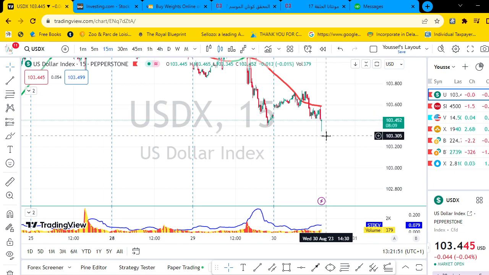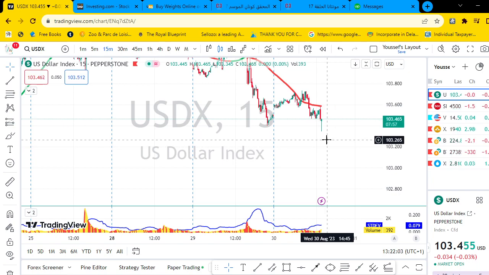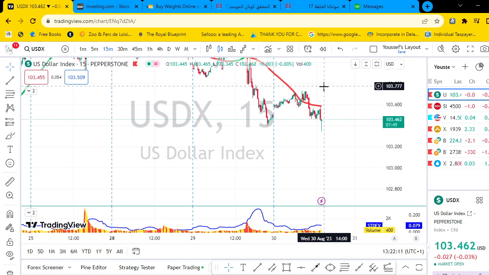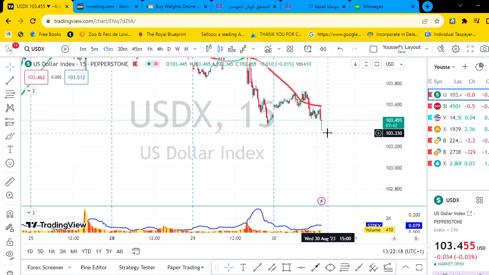If it keeps moving down, giving us a red candle, that's an indication that the news are going to be negative.